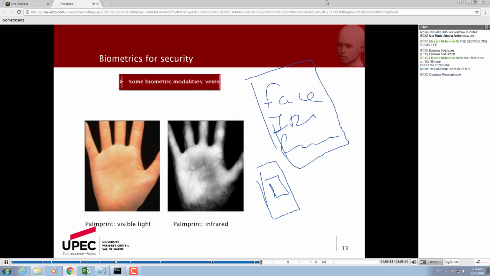If you are now involved in electronics, very often it will be okay, because if you want to use fingerprint, you have to deal with fingerprint sensors. If you want to deal with face recognition, what will be the sensor? Camera. If you want to use, I don't know, contactless hand biometrics like this one, what should you use?